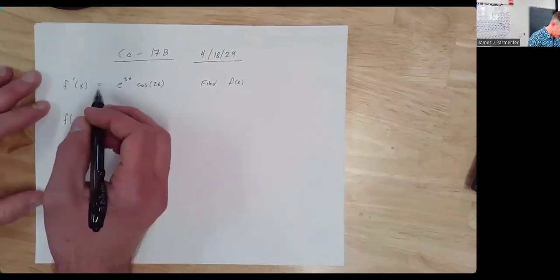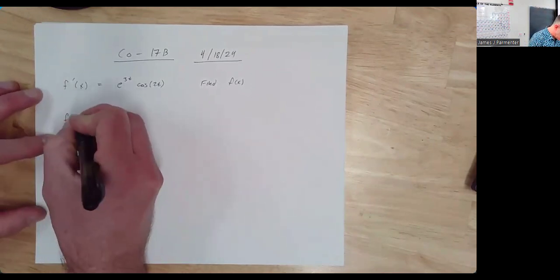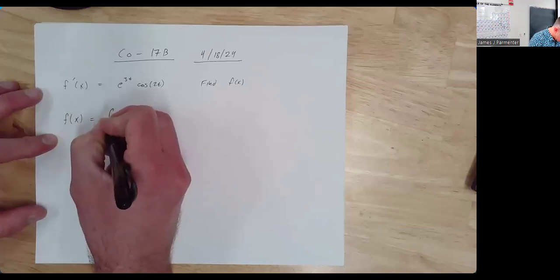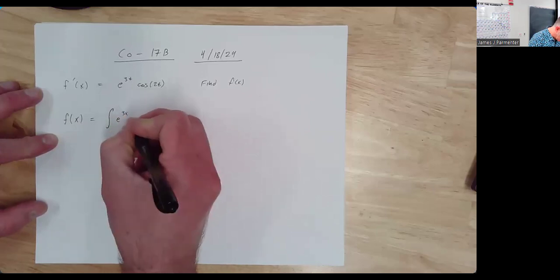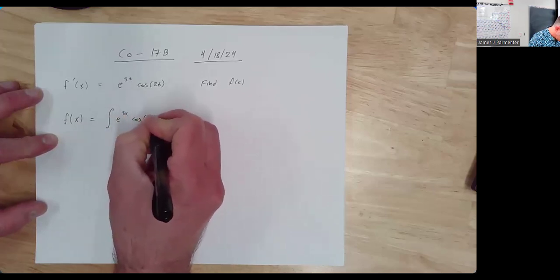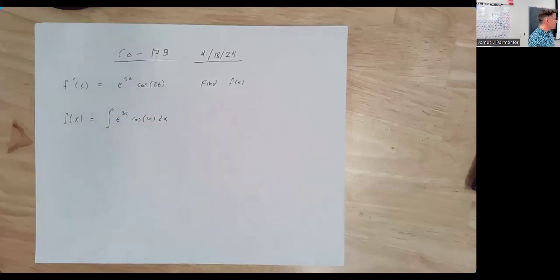I'm going to write that f of x should just be the antiderivative of e to the 3x cosine of 2x dx. I don't think he meant anything tricky by this. I really just think he accidentally used t instead of x in one place. I wouldn't start this unless he said something about it.